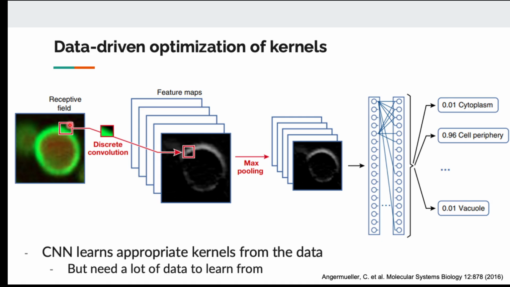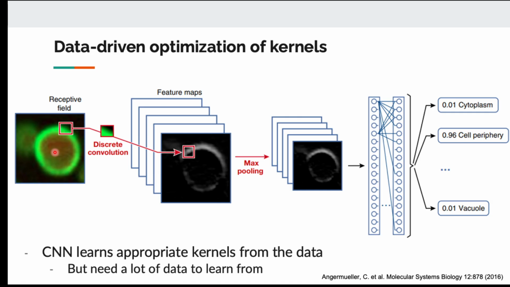Now, your task is to identify the kernel, the right numbers that can multiply this part of the image and give you a high score, because you want to tell that this is a membrane. The numbers that you choose, when applied to this region in the image, must give you a high score. But if you apply it to this dark corner, it should give you a low score. If you apply it in the middle, it should give you a low score.